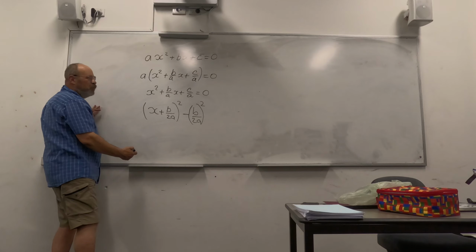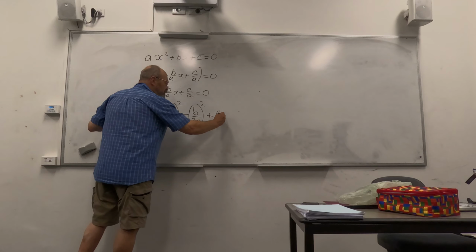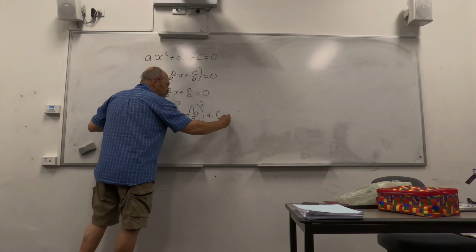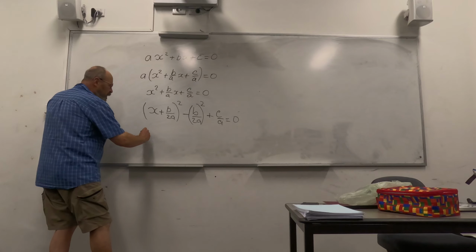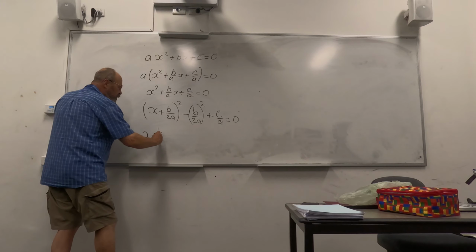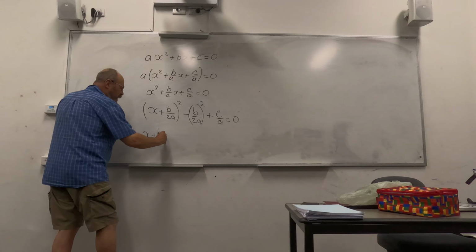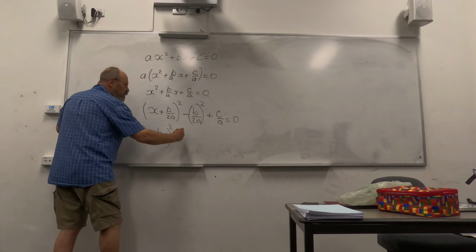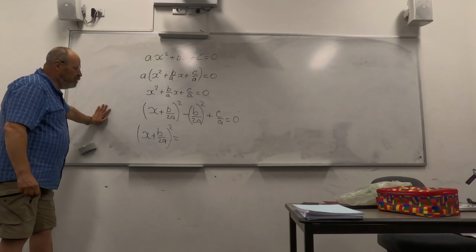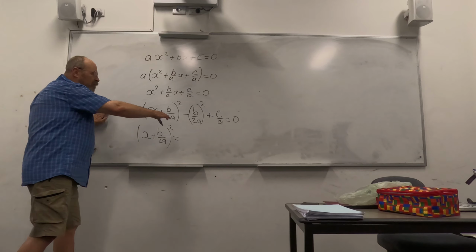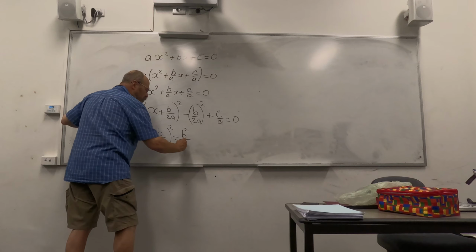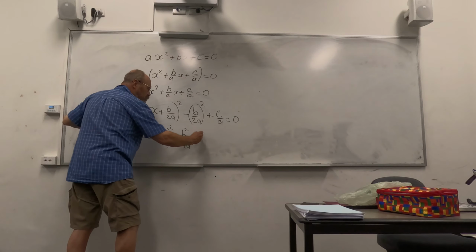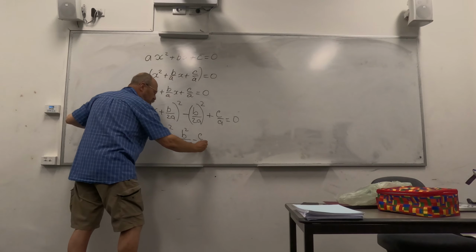It doesn't matter whether it's plus or minus, and we still have plus c on a equals 0. So from here we get x plus b over 2a squared equals, moving to the other side, b squared over 4a squared minus c on a.